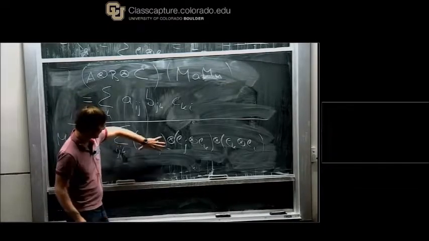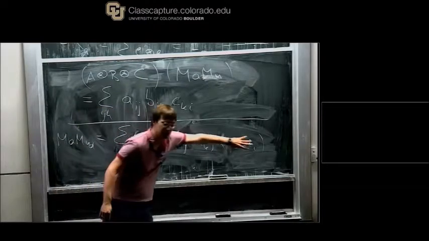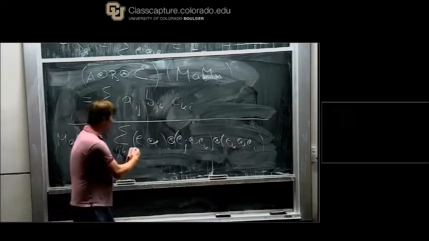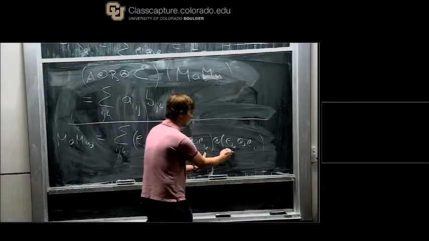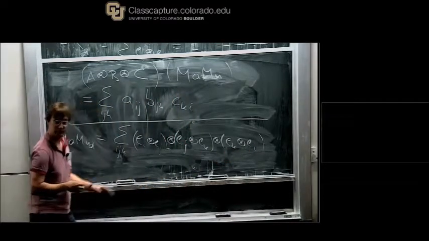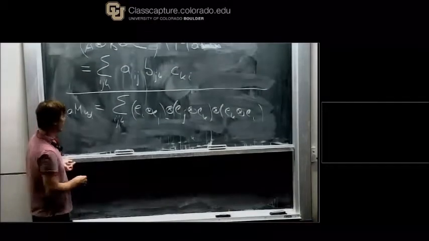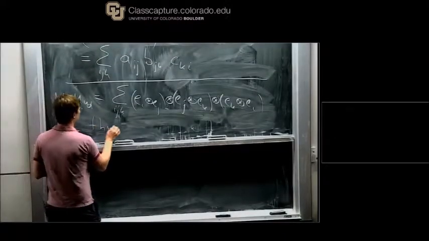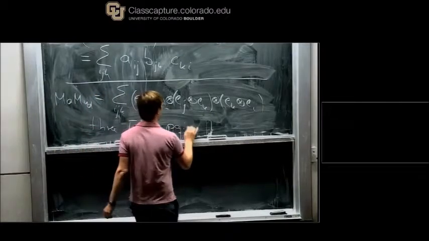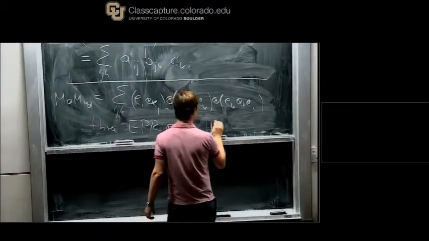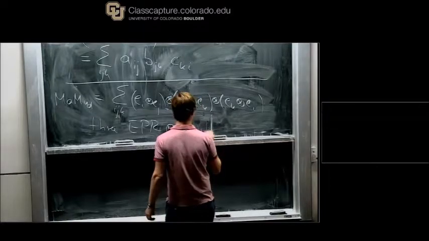If you think of these as 3 particles, it's like an EPR pair between the first and the second particle, between the second and the third, and between the third and the first. So this is just like 3 EPR pairs, pairwise.